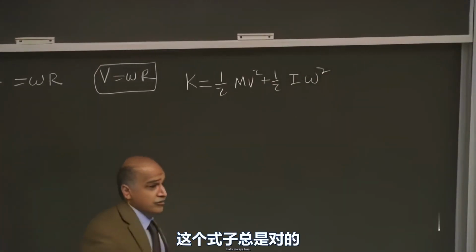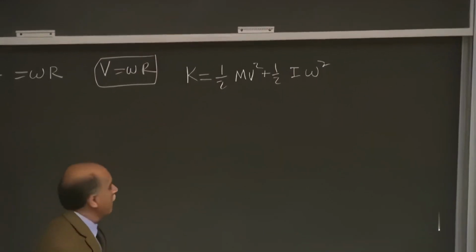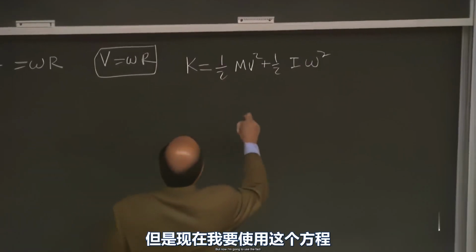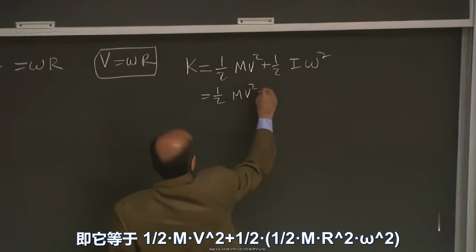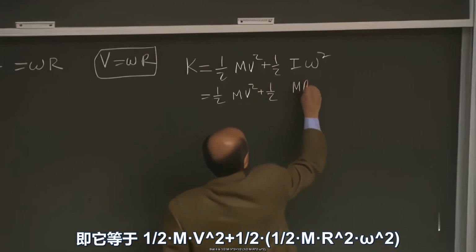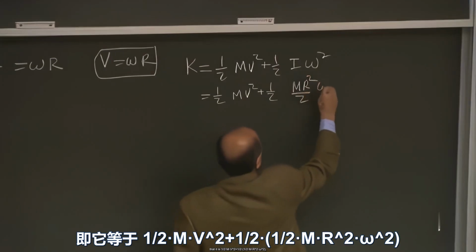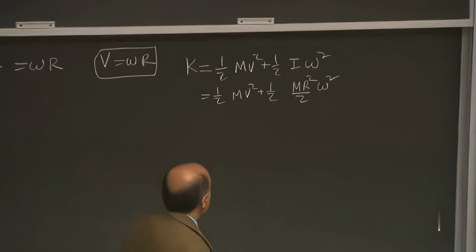That's always true. I is always I relative to the center of mass. But now I'm going to use the fact that it is 1/2 m v squared plus 1/2 times m r squared over 2 times omega squared. I've not done anything different.